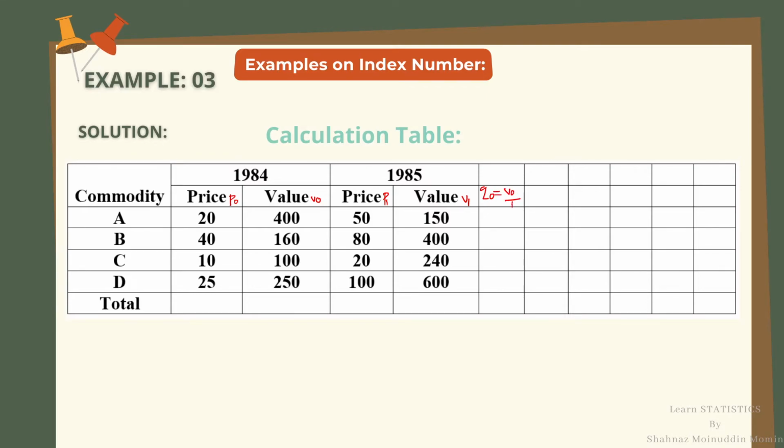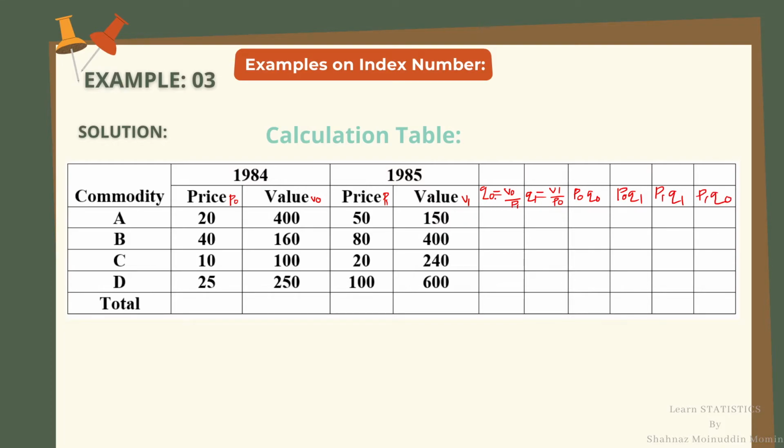V0 divided by P0. Similarly, Q1 is V1 by P1. Then prepare the columns P0 Q0, P0 Q1, P1 Q1 and last is P1 Q0.